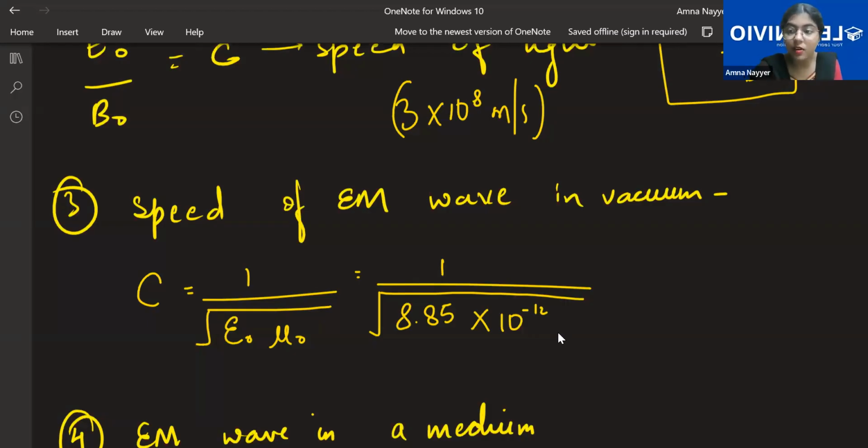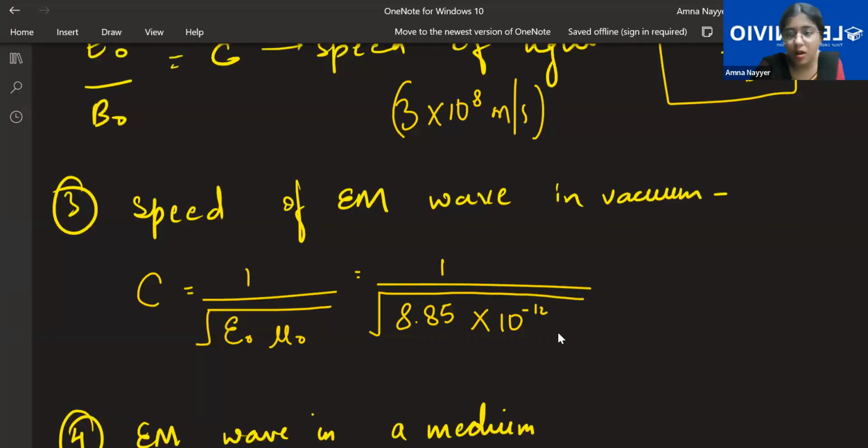Speed of light, epsilon naught, these are not even given in the question, so you have to remember these by yourself. Okay. It's okay, you can get confused and you can forget the values. But forgetting is okay, not working on that is not correct. So whatever things you're forgetting, keep on revising them.